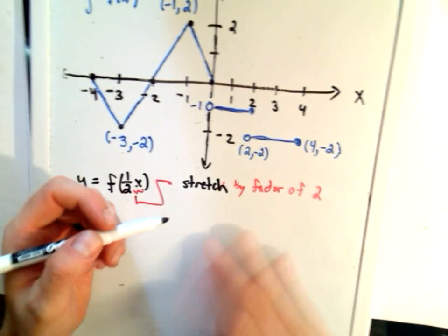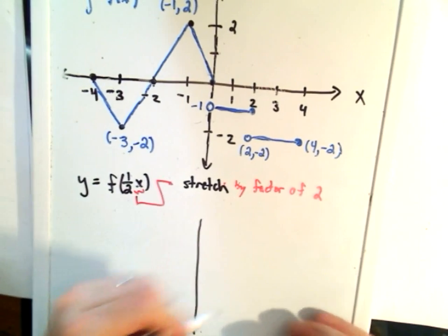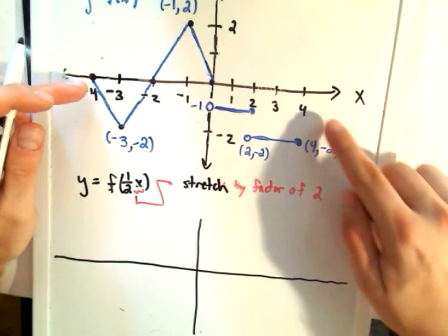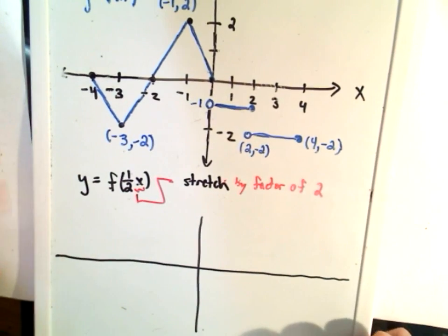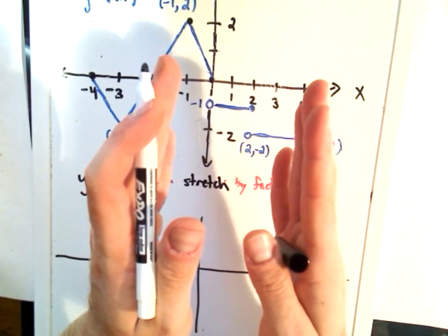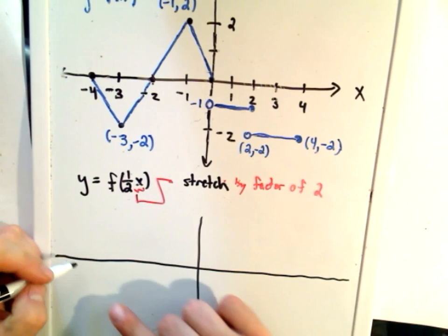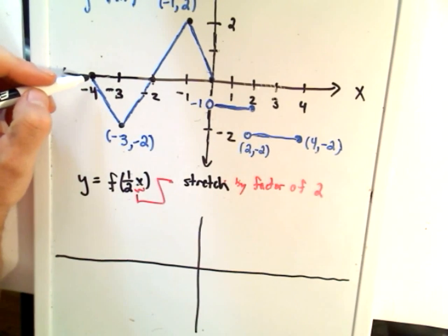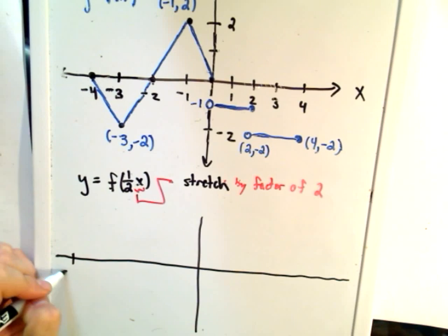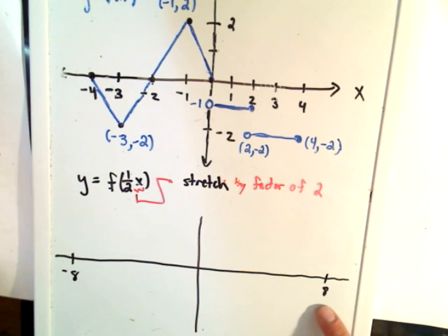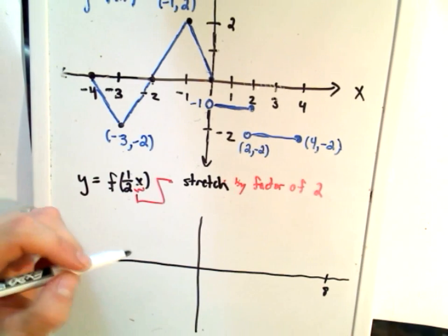So I can't keep the scale correct on this graph because I've got -4 to 4. So now the idea is, instead of getting squished together, you're going to pull it out by a factor of 2. So that means instead of going out to -4, I'm going to go all the way out here to -8. And instead of +4, I'm going to go all the way out here to +8.